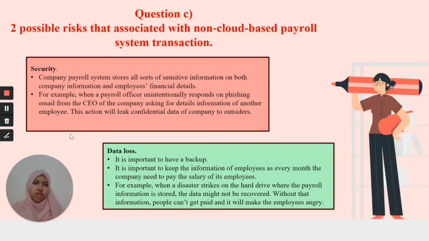So without that information, people can't get paid. Employees will be angry as they are not getting their wages, or their wages might be late because of this disaster. This might occur when a company uses a non-cloud based payroll system.